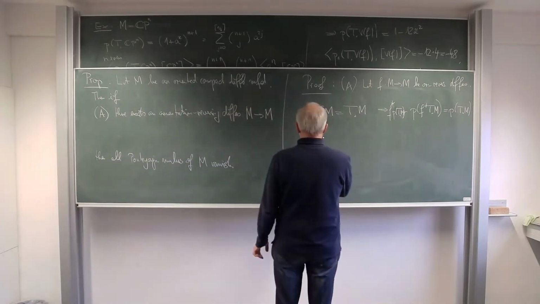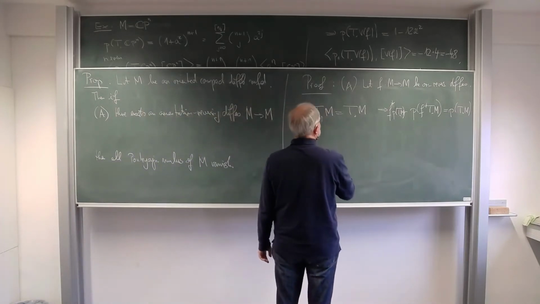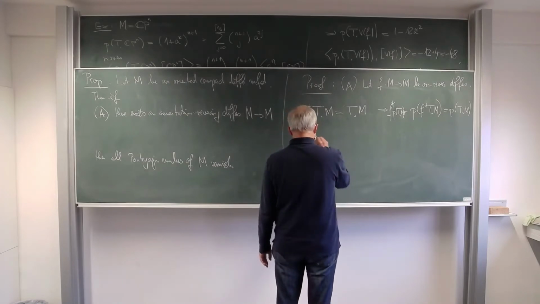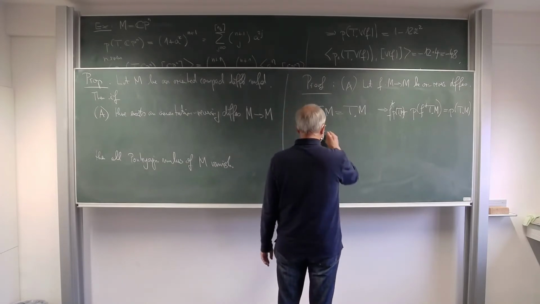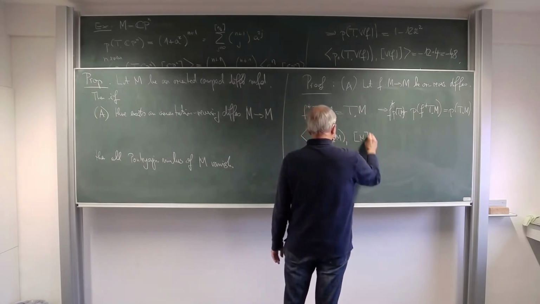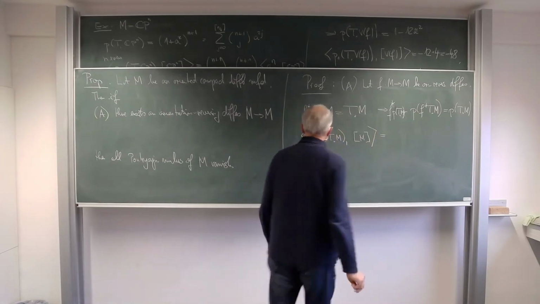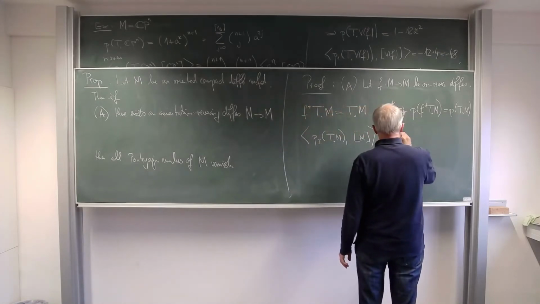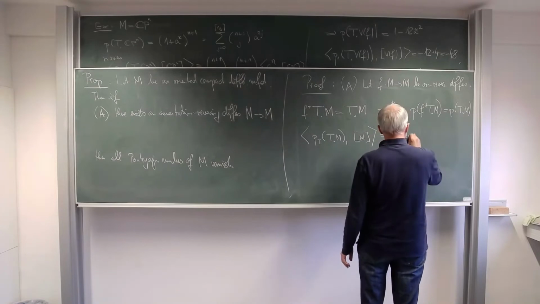And if we now look at the corresponding Pontryagin numbers, so we integrate over M. This is the same as the pullback.